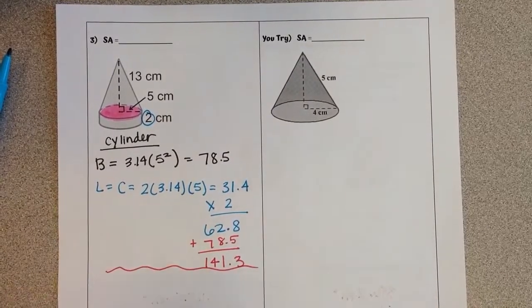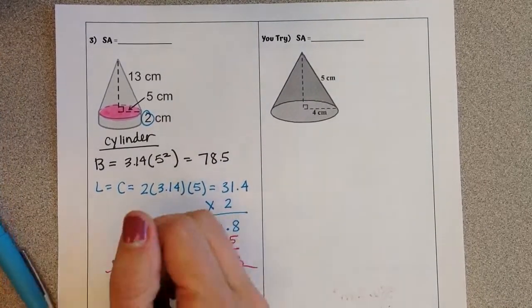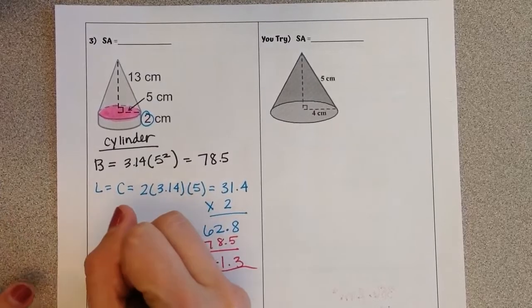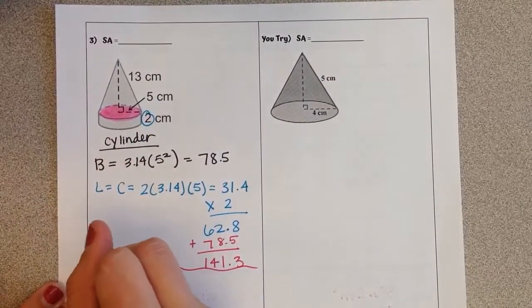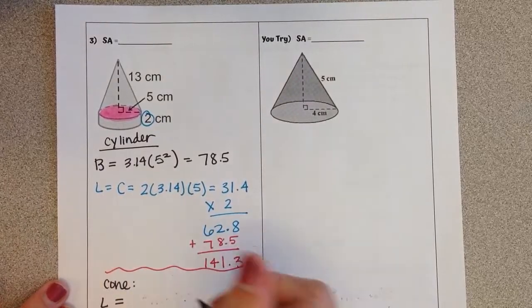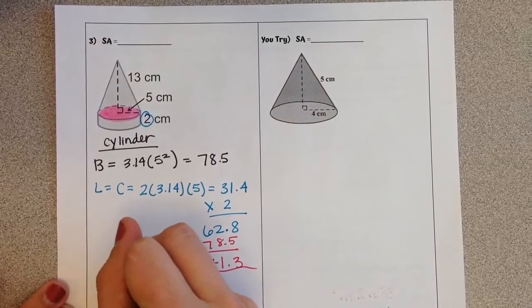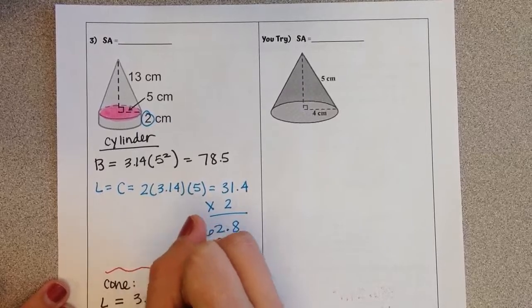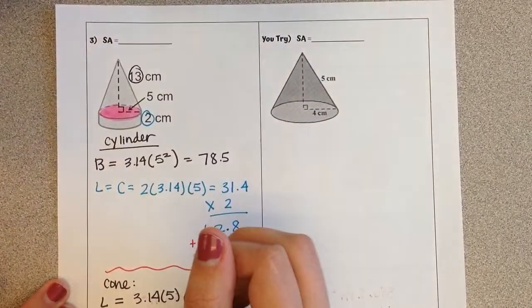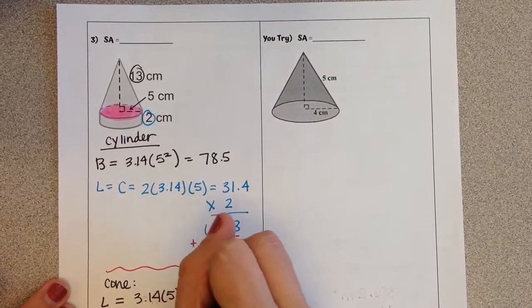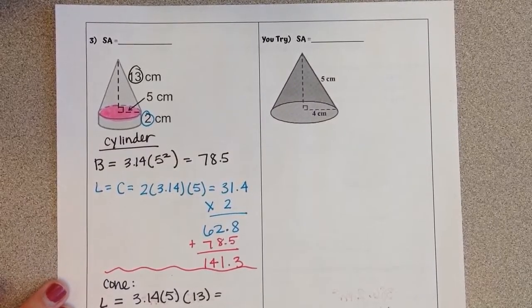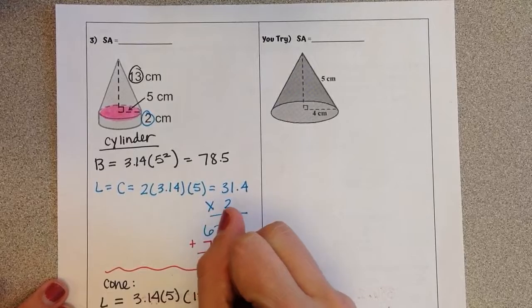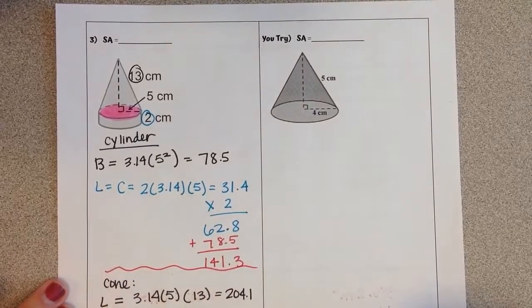Now, I'm going to look at the cone part, which we just need to find the lateral surface area because that base isn't included. So for the lateral surface area, it's pi times our radius of 5 times our slant height of 13, which gives us a lateral surface area of 204.1.